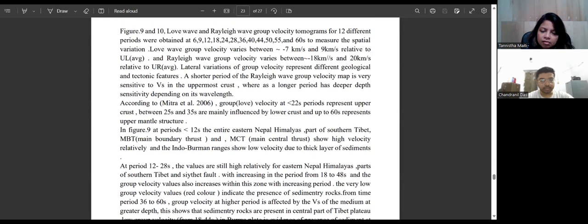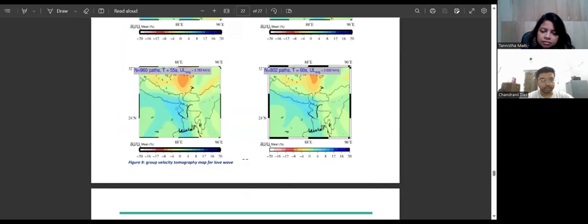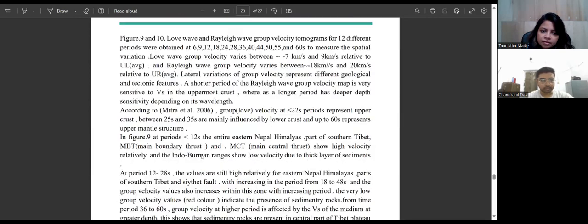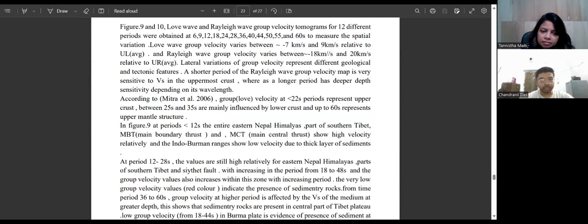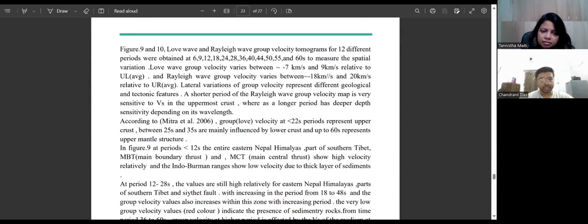I have mentioned this whole thing as figure 9, at periods less than 12 seconds. The entire eastern Nepal Himalayas, the part of southern Tibet, that is the main boundary thrust, and CMT show relatively high velocity, and the Indo-Burman ranges show low velocity due to a thick layer of sediments.